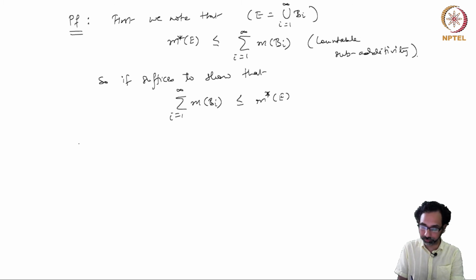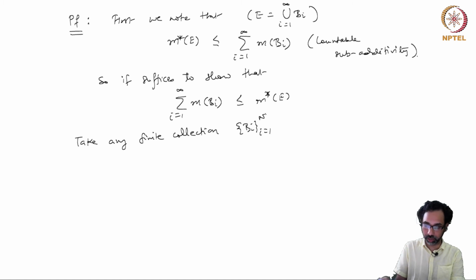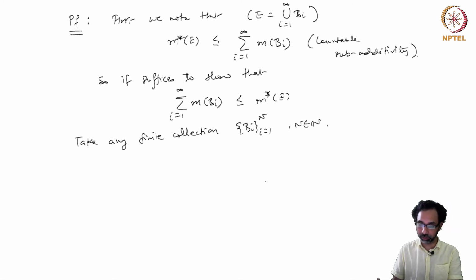For example, take any finite collection Bi, i equal to 1 to N, for some N in the natural numbers.